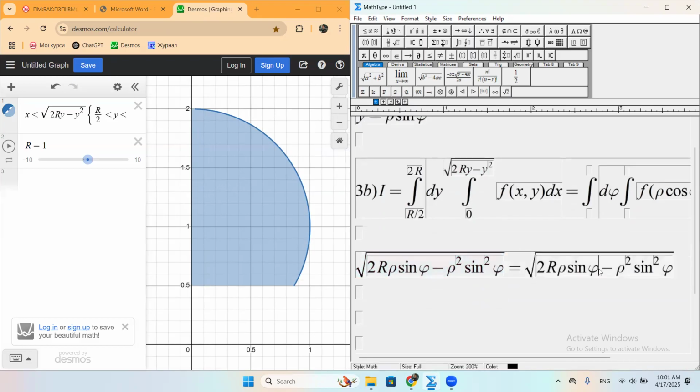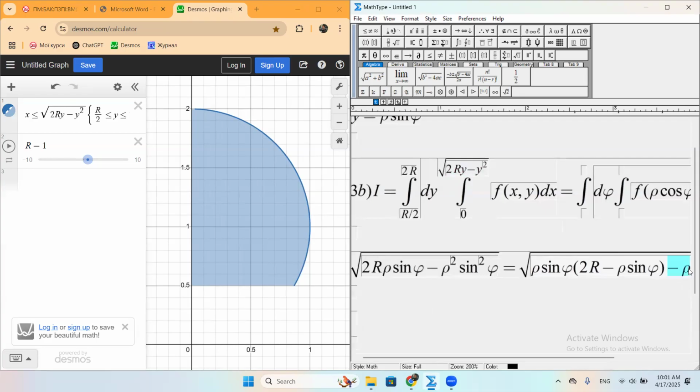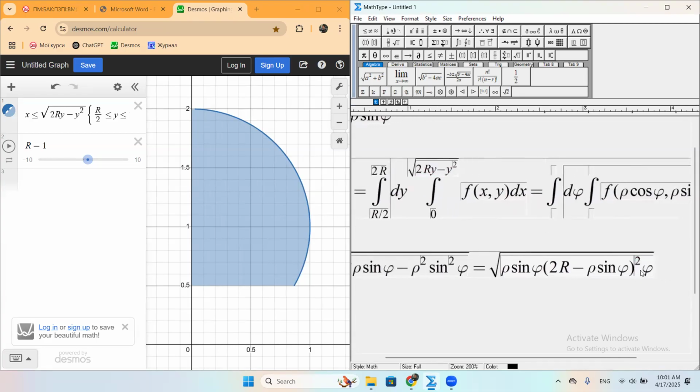Also, I can move out of brackets ρ sine of φ, so 2r minus ρ sine of φ. And what else?